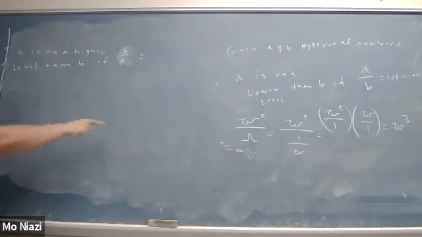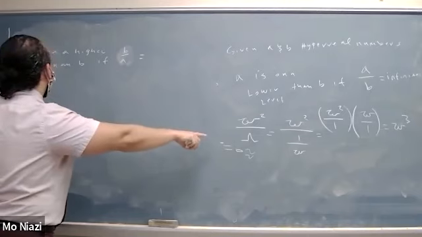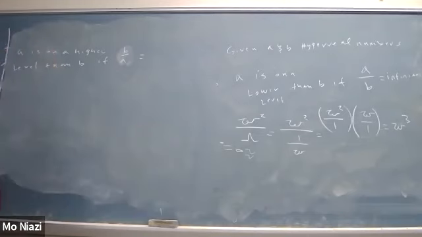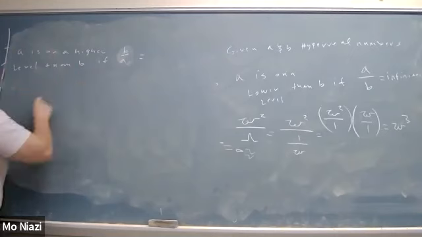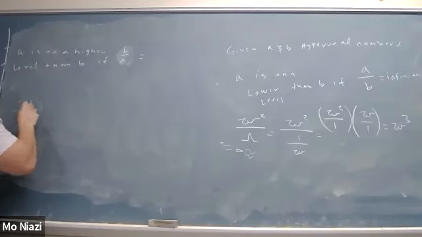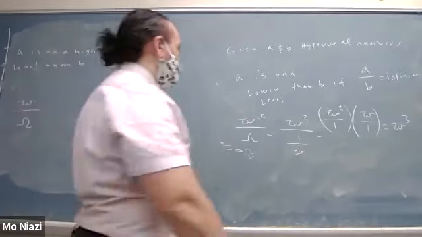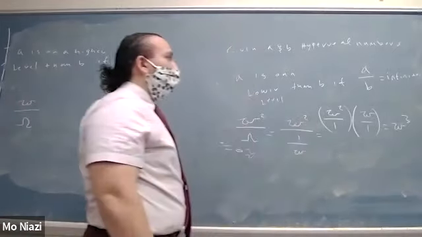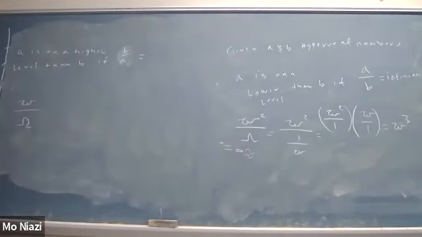Let's do an example. Doing an example would be as if we put a higher level term down here and a lower level term up here. A is on a higher level than B. Over here, A was on a lower level than B, and it was on top. Now A is at a higher level than B, and it's in the denominator. What do we get here?